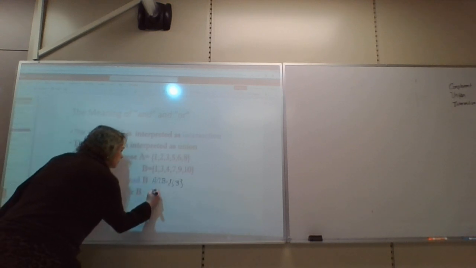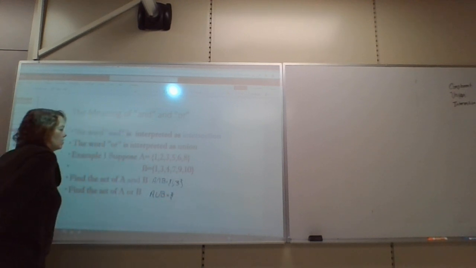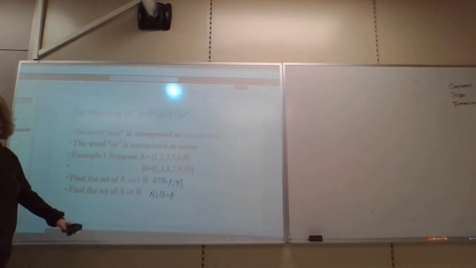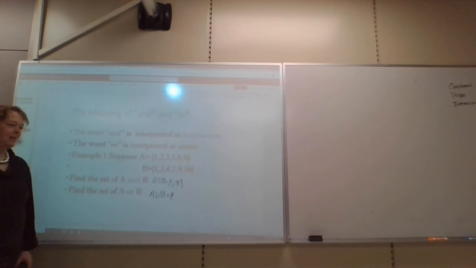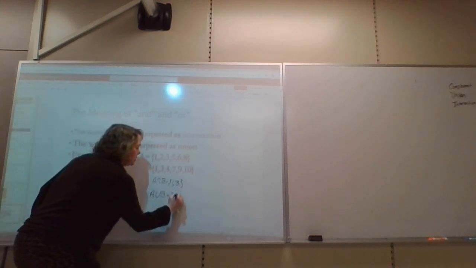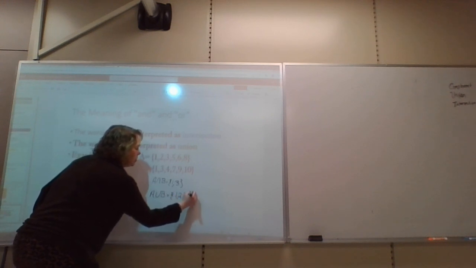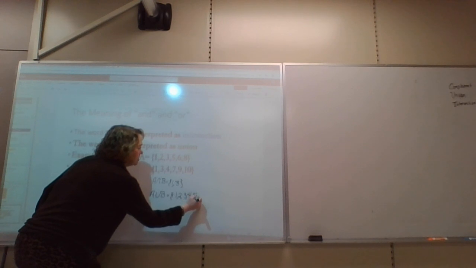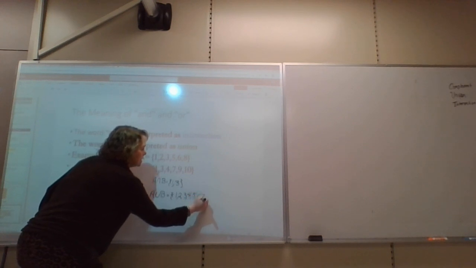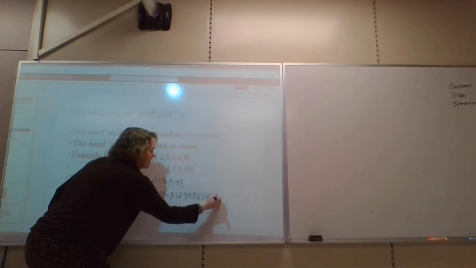So that means A union B. Union means you put it all together. So what is A union B? Make sure you put it in order. 1, 2, 3, 4, 5, 6, 7, 8, 9, 10.